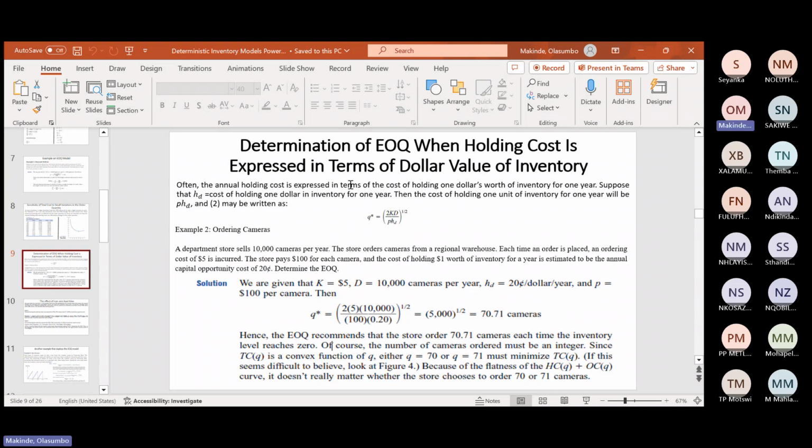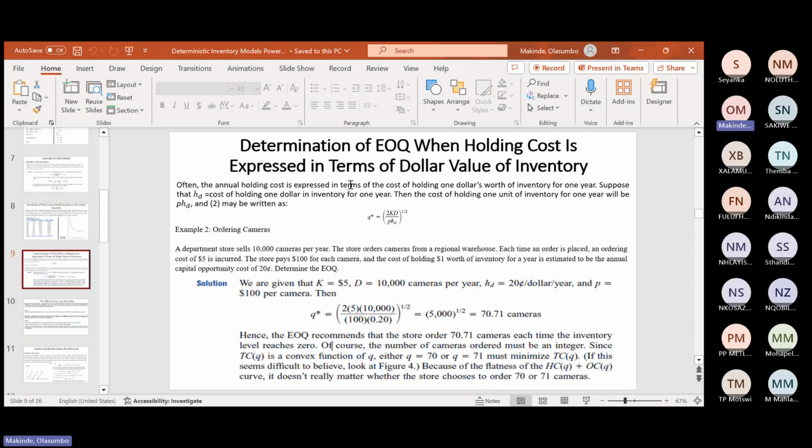So they try to work out this in terms of the opportunity that they are losing for tying that money down to inventory. So what is the opportunity cost associated with tying that inventory worth some money down?